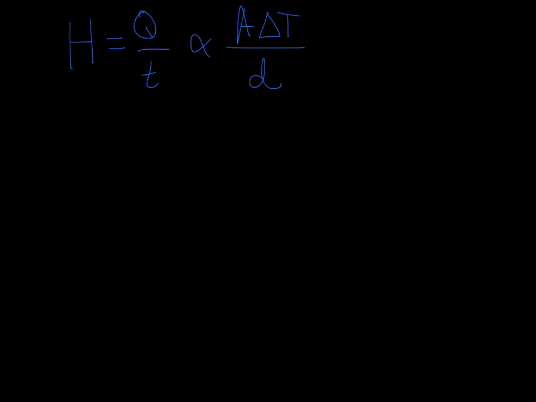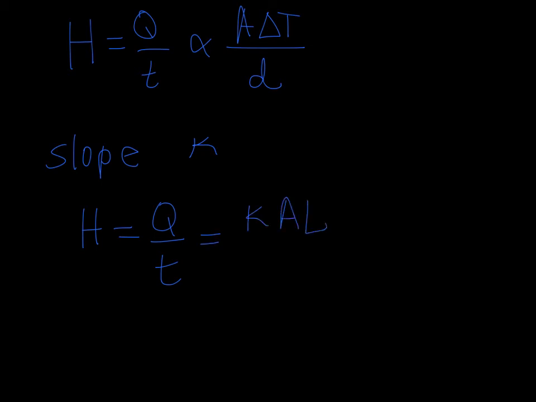If you graph H versus A delta T over D, you get consistent slopes, linear lines for particular materials, and what that slope is on that graph is actually thermal conductivity. We use this kappa to represent that. So right now we would have a function H is equal to Q over T, which is also equal to kappa A delta T over D.